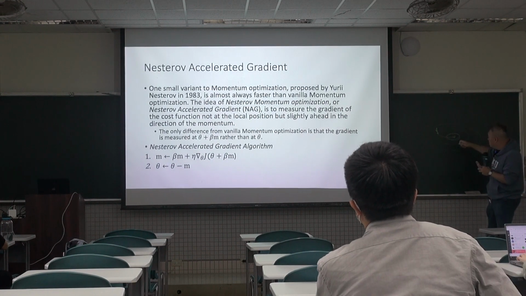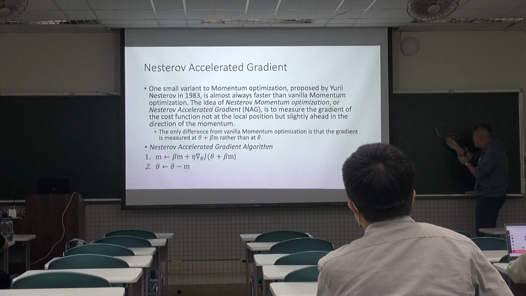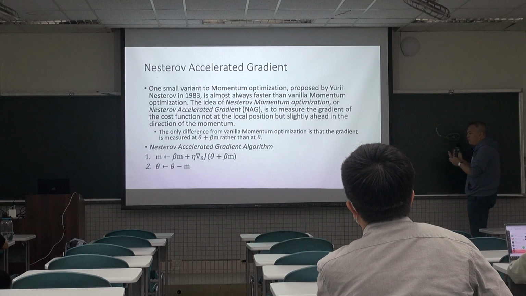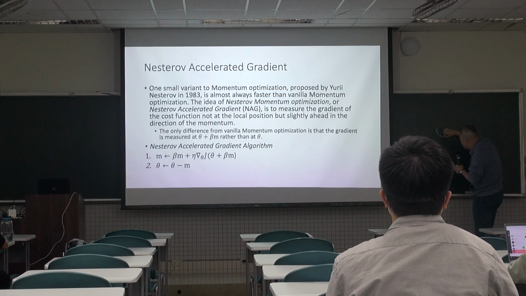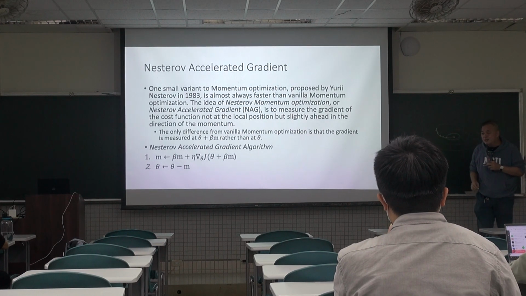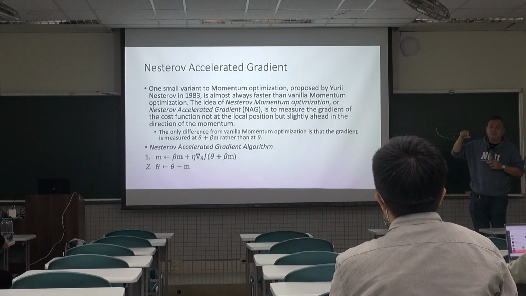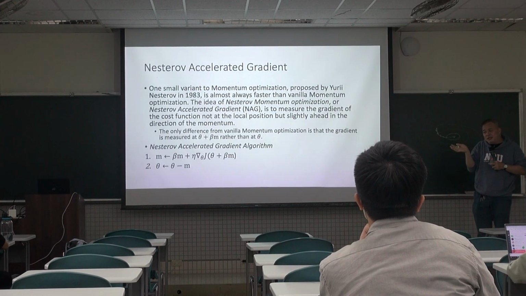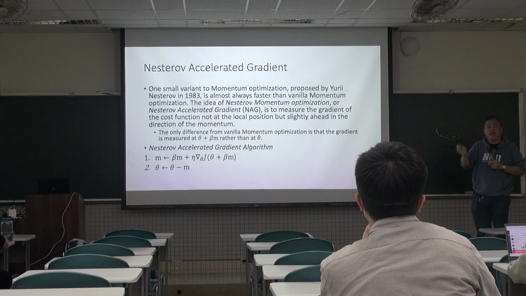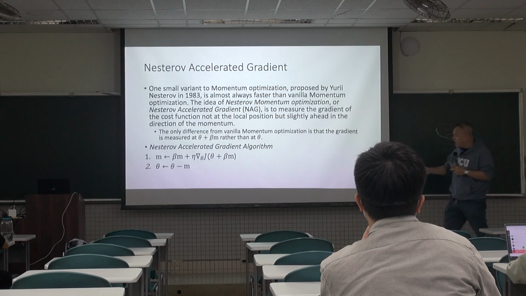The next one going this way is even closer, and eventually the direction goes straight to the lowest location. So if you are able to take the direction from the next step, that gradient direction should be better than the gradient at the current position. That's the basic idea.